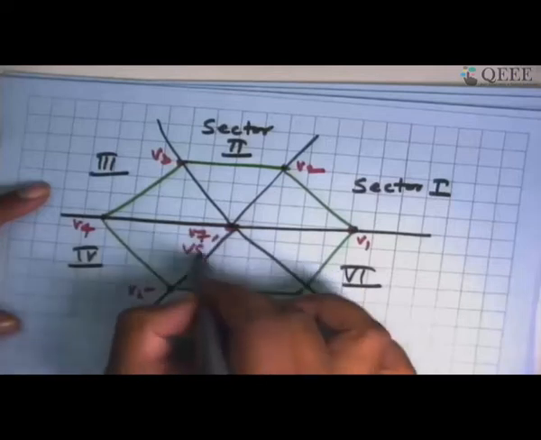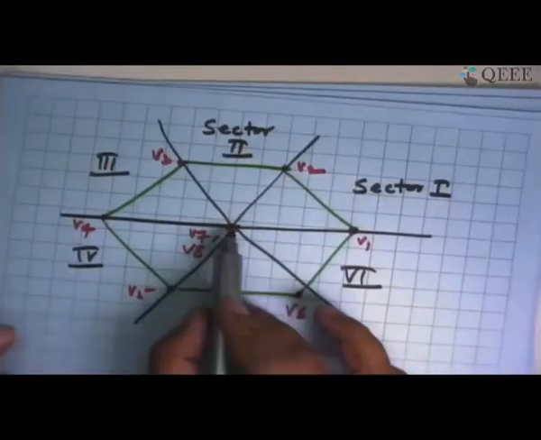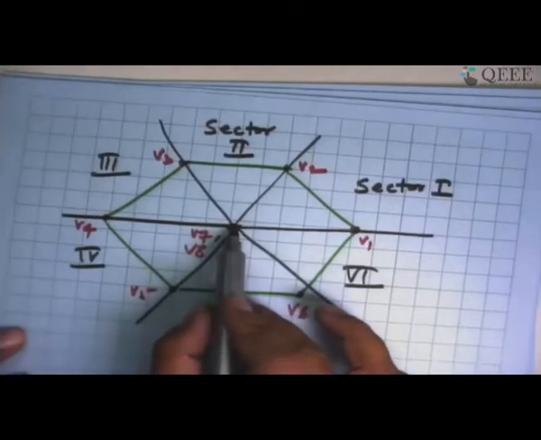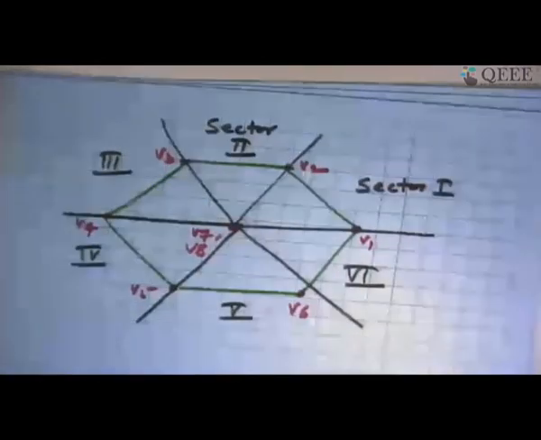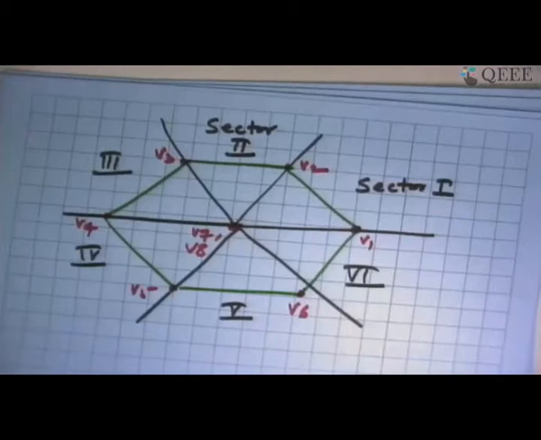V7 and V8 are zero vectors which don't have any magnitude in any direction. The purpose of dividing the hexagon into 6 sectors: let's say I want to apply 3 AC voltages to the load. Once we know the 3 AC voltages that need to be applied, we know what the space vector is for that.